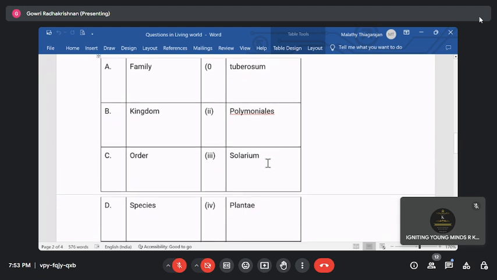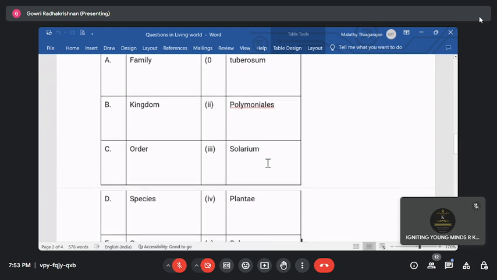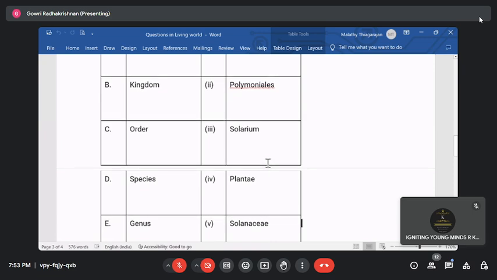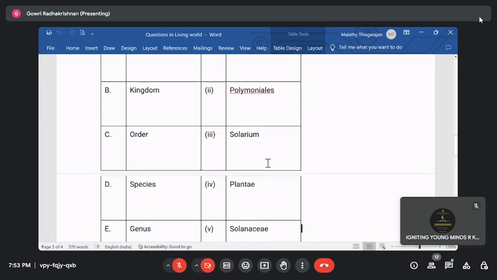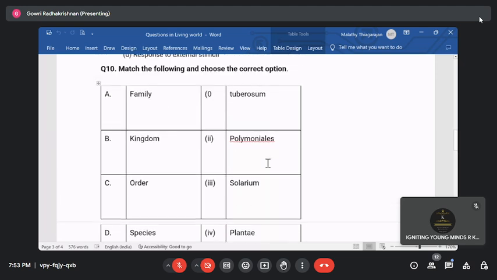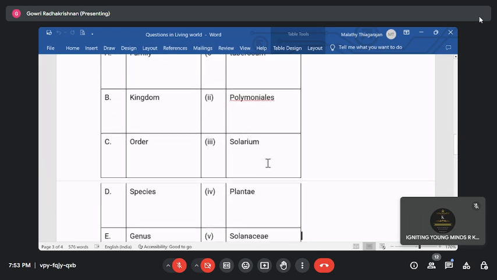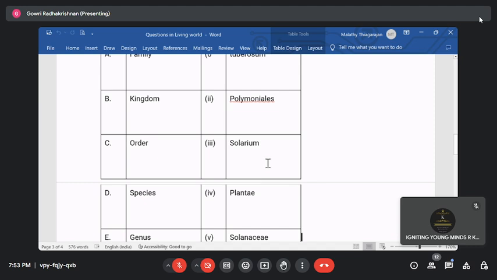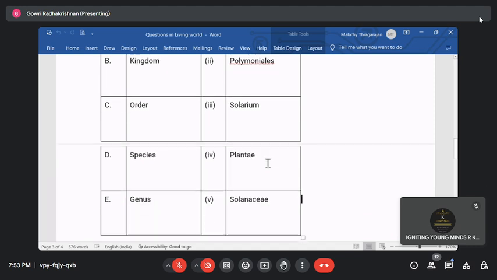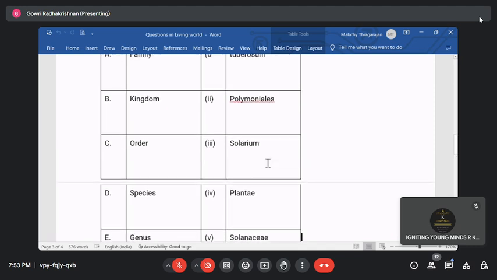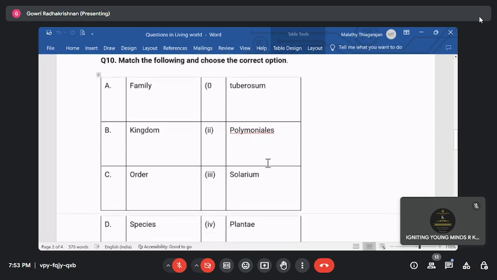Family is Solanaceae. And I think order is Polemoniales. Species is tuberosum. And genus is Solanum. Okay, very good.